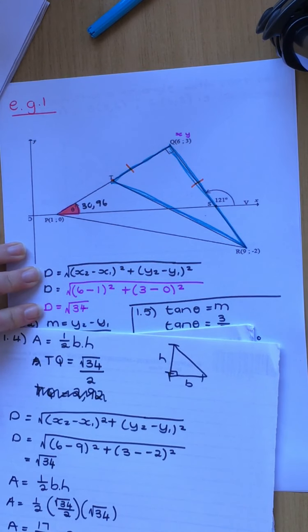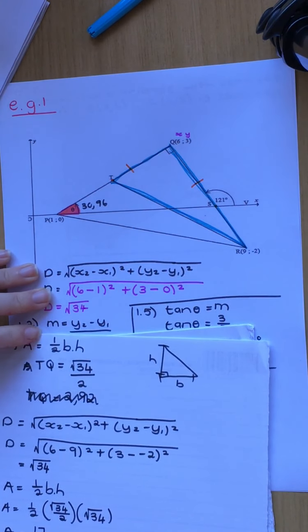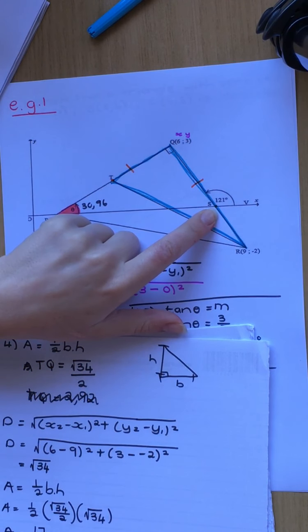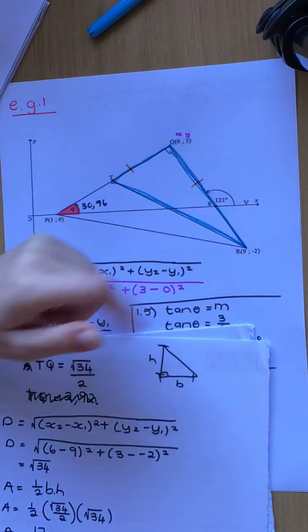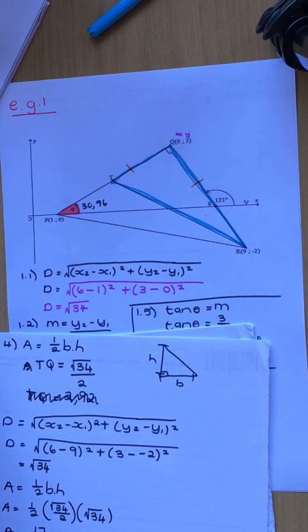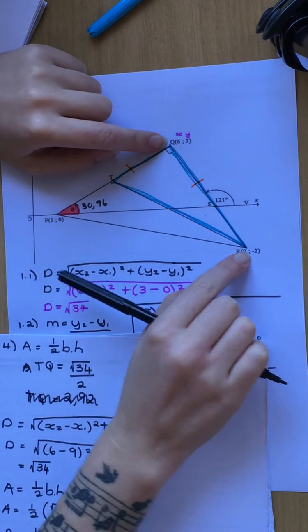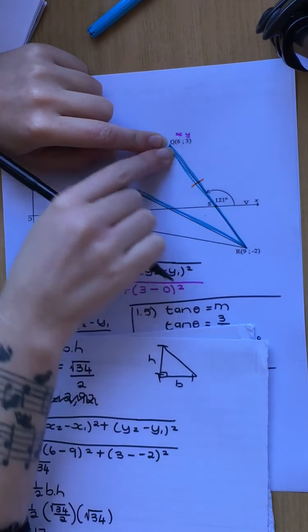So let's do 1.6. It says the coordinates of S. They want the coordinates of S. Remember I told you for an x coordinate, y is 0. Okay, so I'm trying to think of the easiest way we can do this, but a nice way is to work out what the formula for this line is.